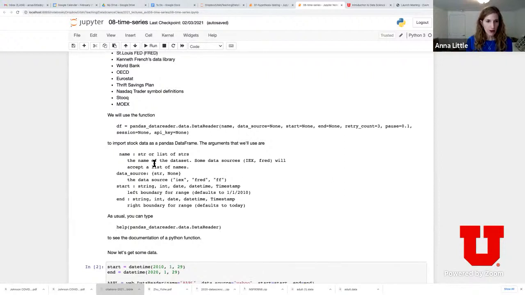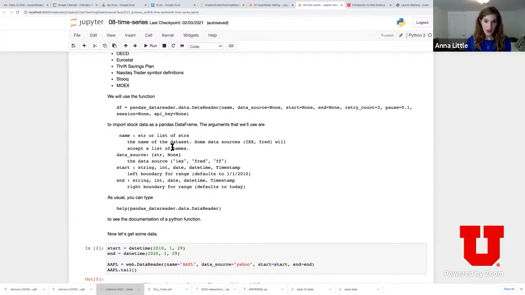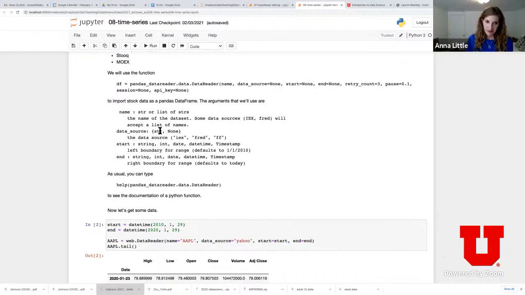Okay, so first of all, the name of the data set that you're interested in. With stocks, you want to specify what stock you want to retrieve, Apple, Google, etc. The data source can be a string or it can be none. So here's some examples of different data sources that you can input into the function.